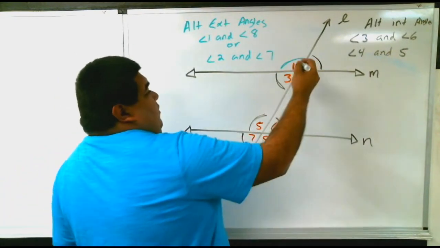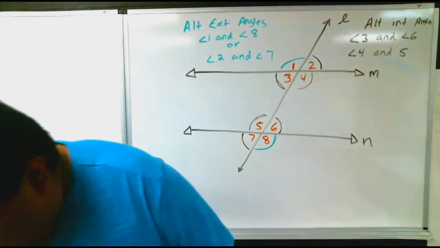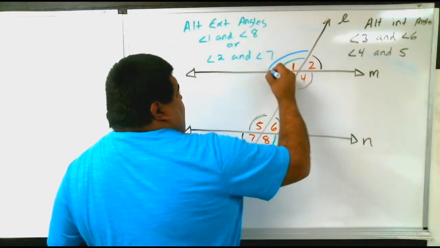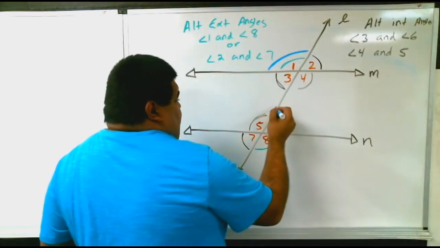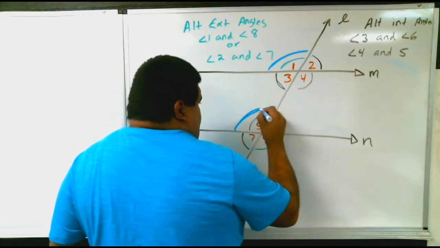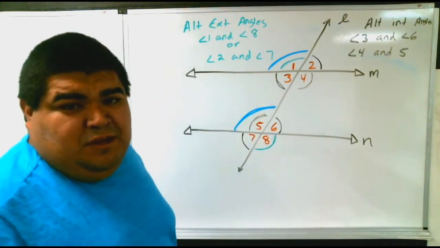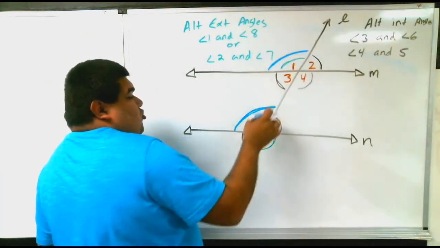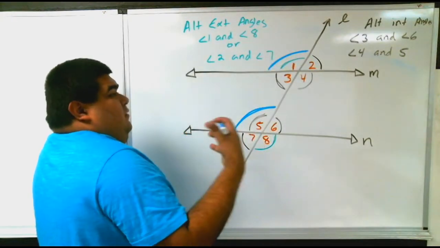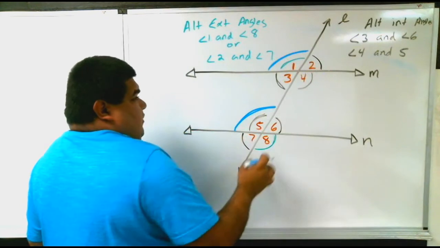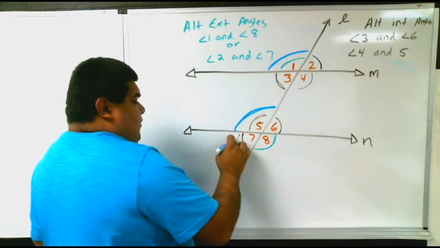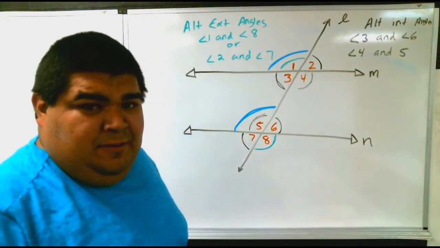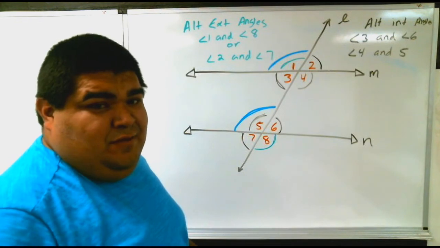For example, angle 1 and angle 5 are corresponding angles because notice that the lines are parallel. This cuts out perfectly. They should be the same angle. Therefore, angle 2 and angle 6 are the same, angle 3 and angle 7, and angle 4 and angle 8, because they're in the same location on a different line.